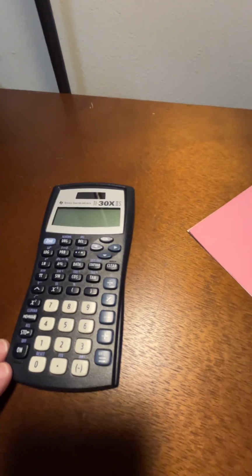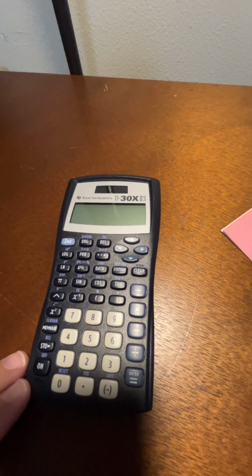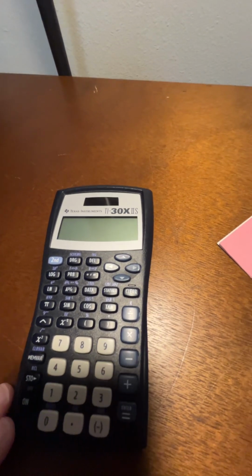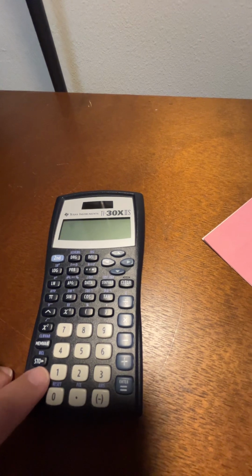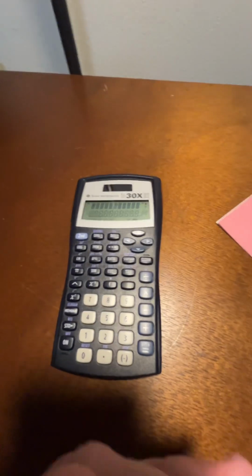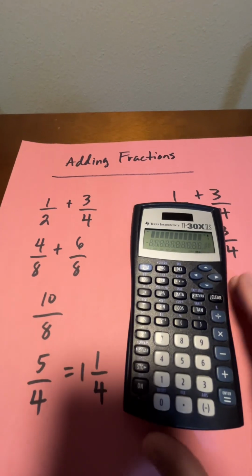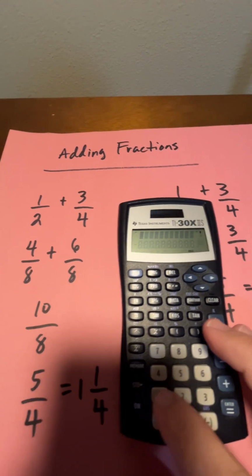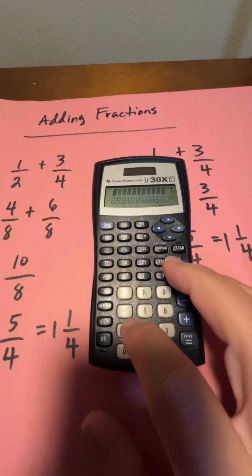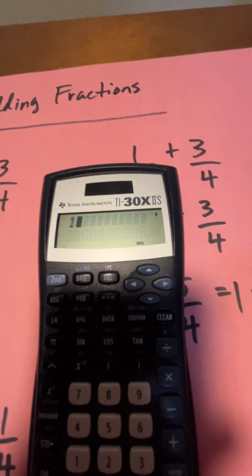The trusty Texas Instruments TI-30X IIS. If you turn this bad boy on, now watch what I'm going to do. I'm going to do the same problem. So 1/2, you hit the 1. Can you see that on there? 1.